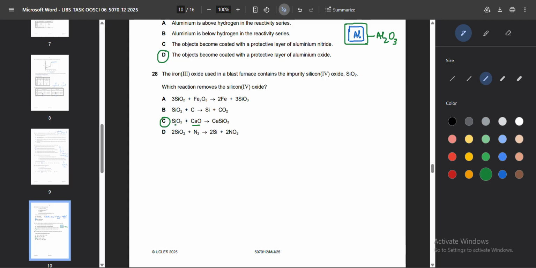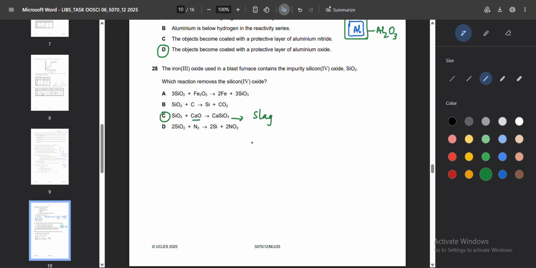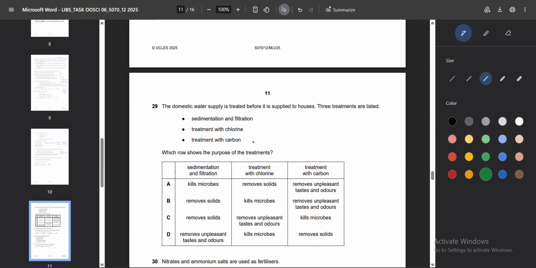Calcium oxide reacts with the silicon(IV) oxide to form calcium silicate, and this is formed as a slag which is used in road construction as well as cement manufacturing. Calcium silicate is used.